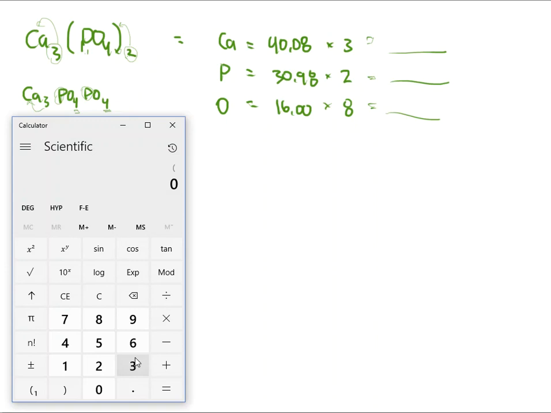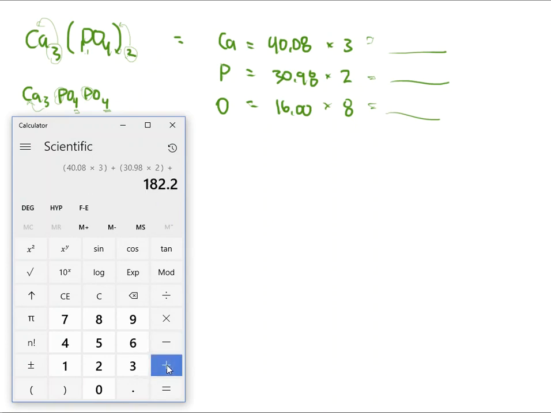So I'm going to open the parentheses up first. I click that button, it opens it up, and I'll do 40.08 times 3, and I close that parentheses up. So that's 124.24. Well, I'm going to add to that, in parentheses, 30.98, and there's 2 of those, so I multiply by 2, and I close that parentheses up.